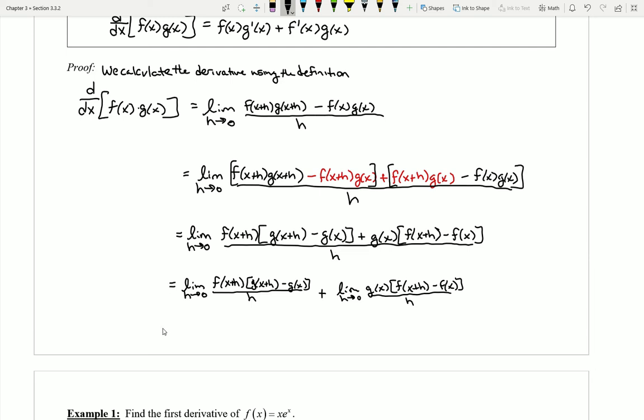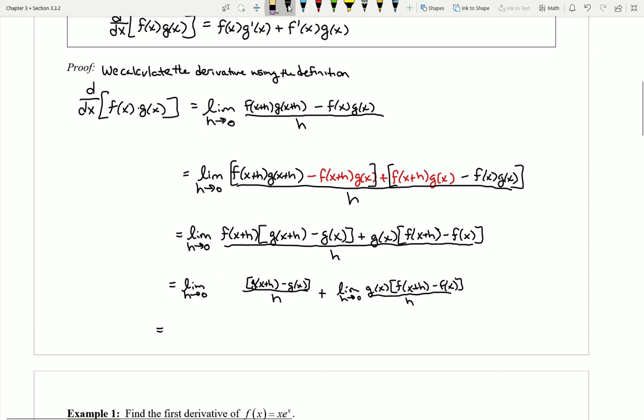Well, I'll be able to finish this off now in one final line. Notice that here, I can actually separate this fraction a bit further, in that I could imagine separating out that f of x plus h and pulling it off of the fraction to write it by itself in the front. So I'm going to re-express it to look like this.